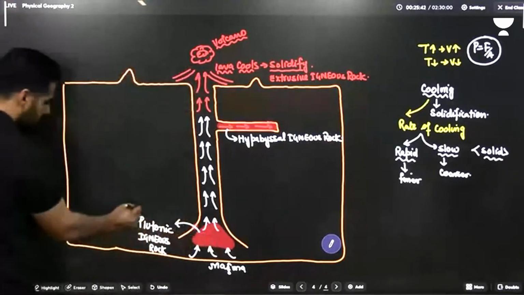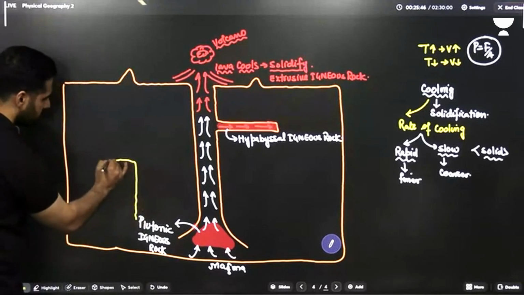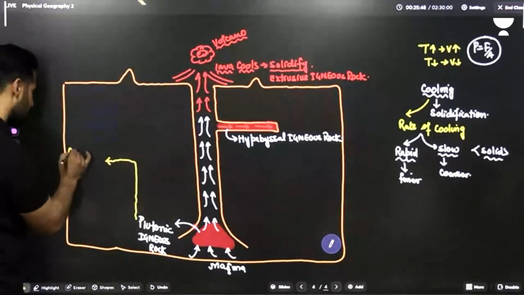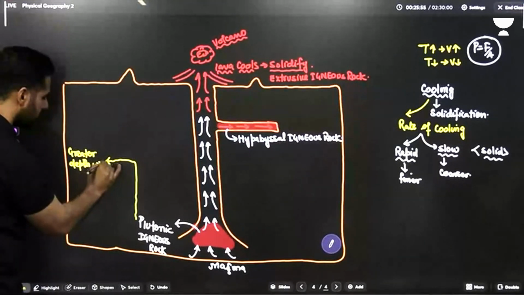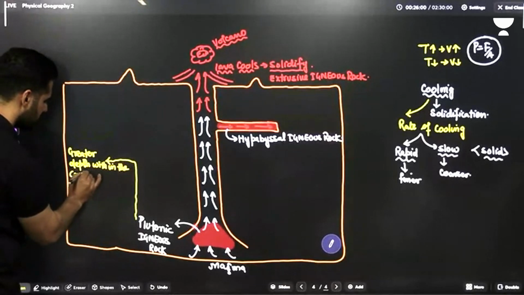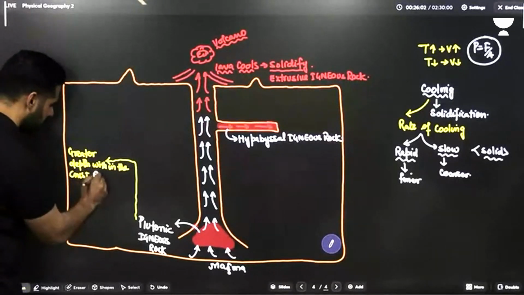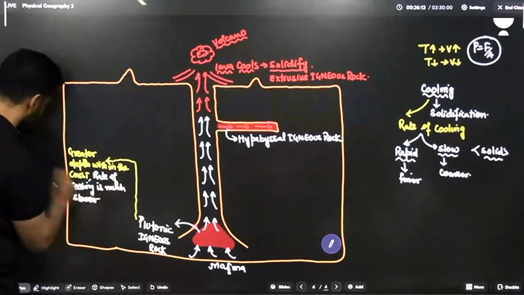Plutonic igneous rock. If I have to write its characteristics, it is formed at the greater depth within the crust, where rate of cooling is much slower. Is it clear why it is slower?